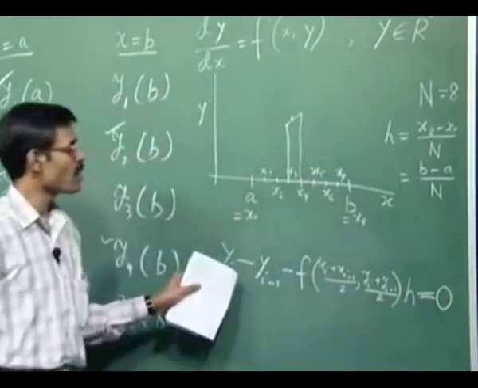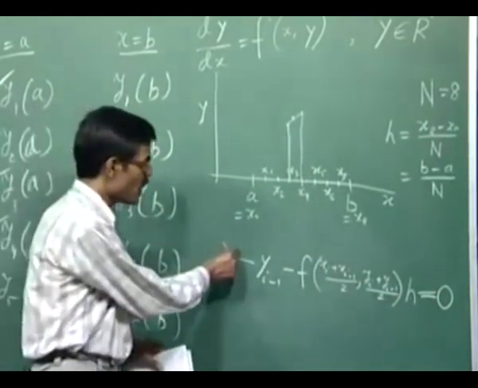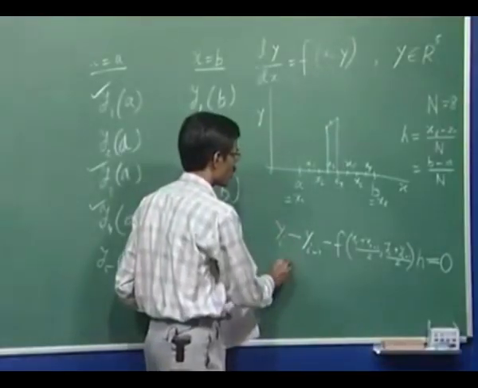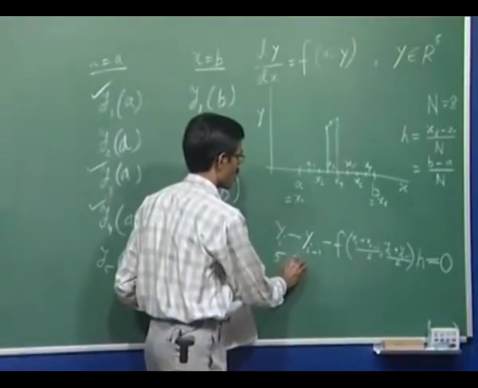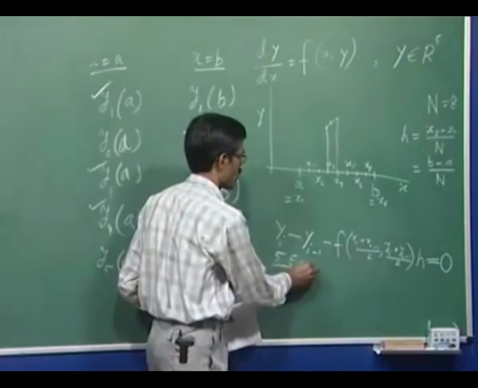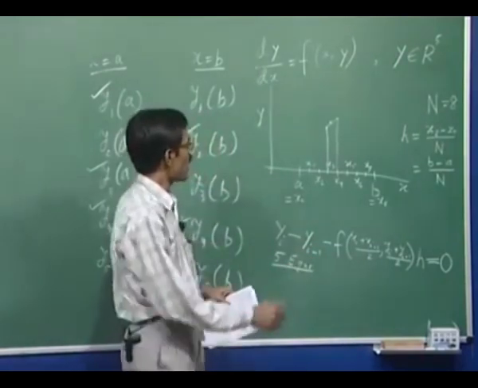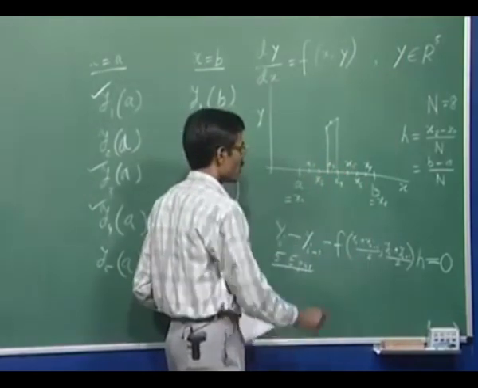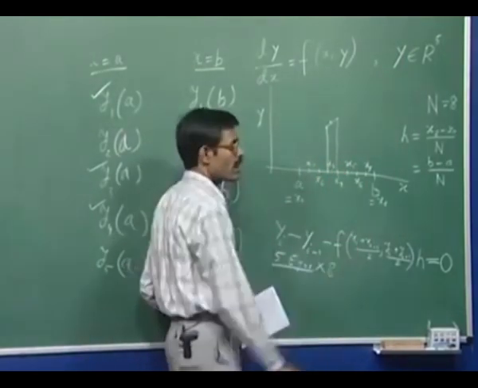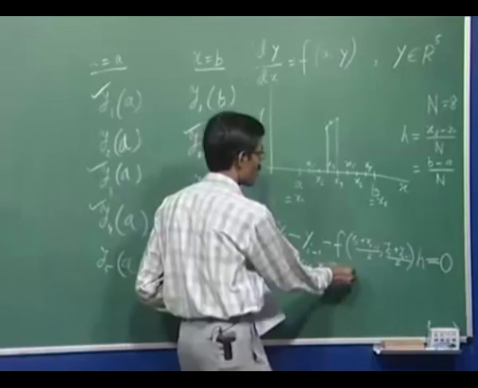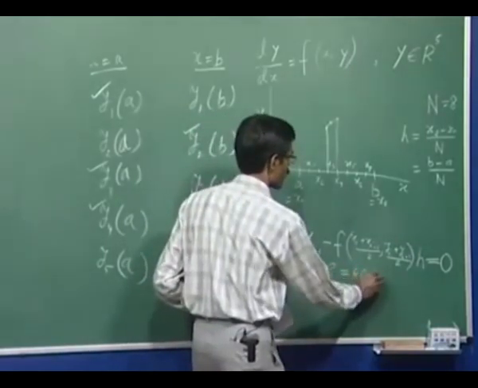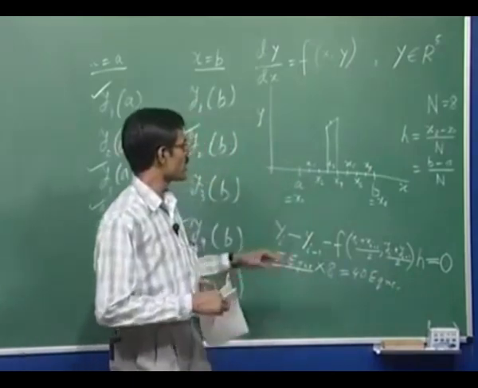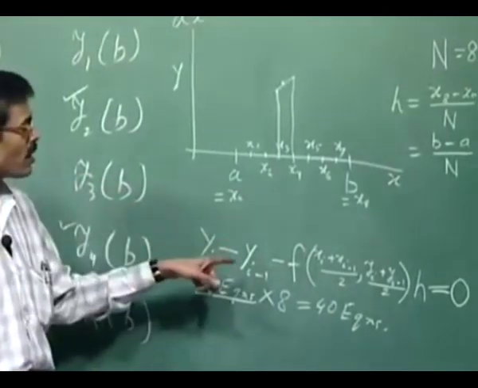How many equations are here? Y has a dimension of 5 in this particular problem. So, actually you have got 5 equations here, and like that you will get 5 equations over every interval. So, 8 intervals are there, so you will get 40 equations in these variables.